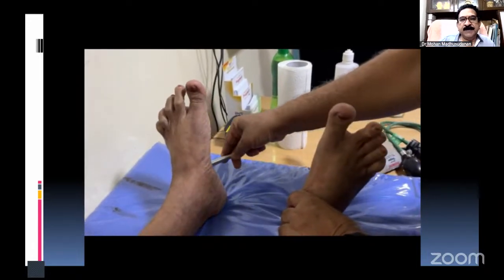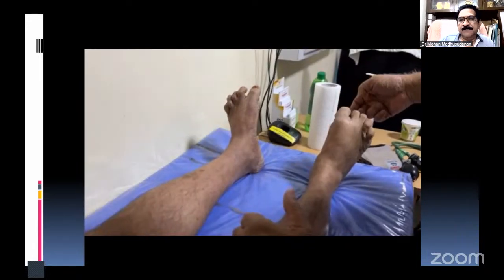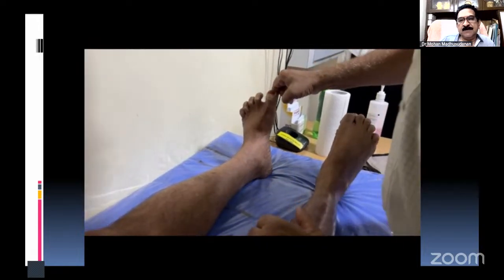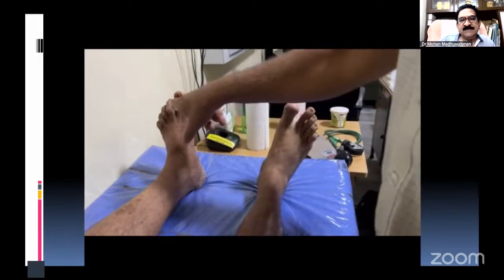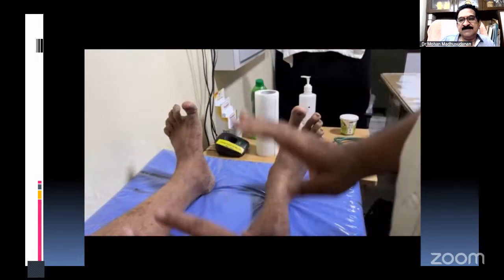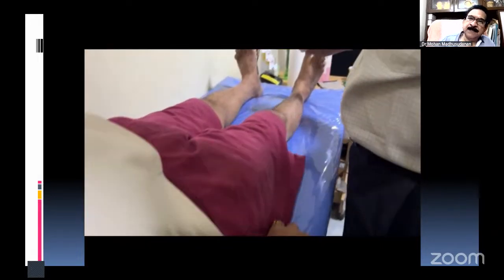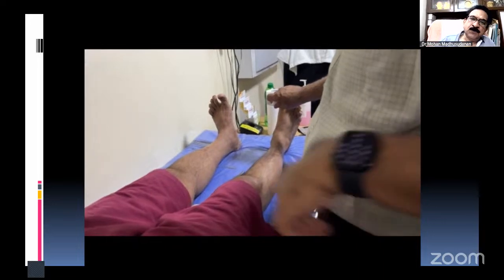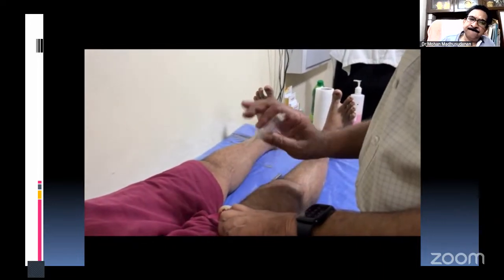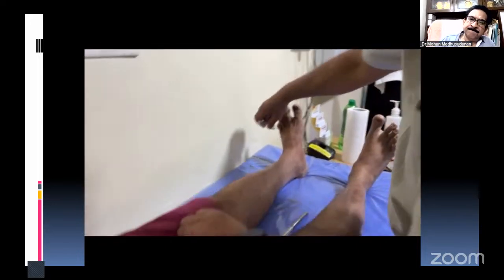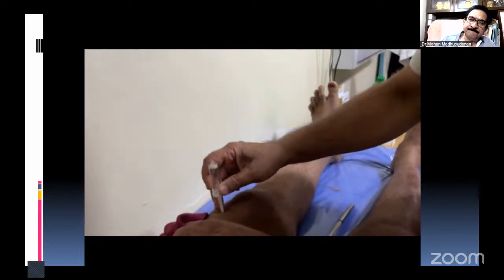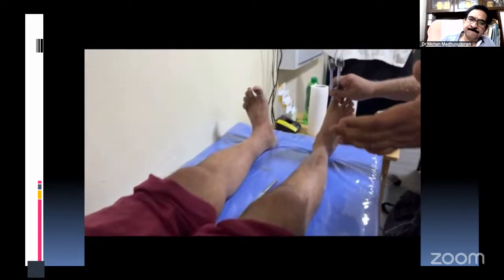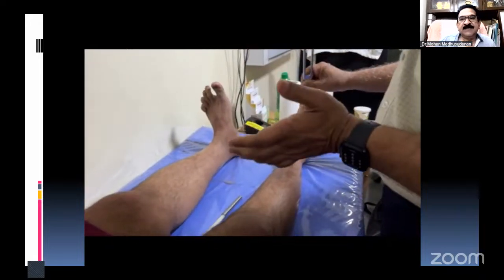Plantar was downgoing. Flexors were normal. The only weakness I got was adductor hallucis was weak bilaterally. Sensations normal. Vibration normal.